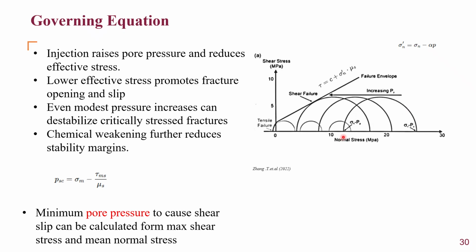Chemical weakening, which also causes weakening in the cohesion, can further reduce this stability margin.